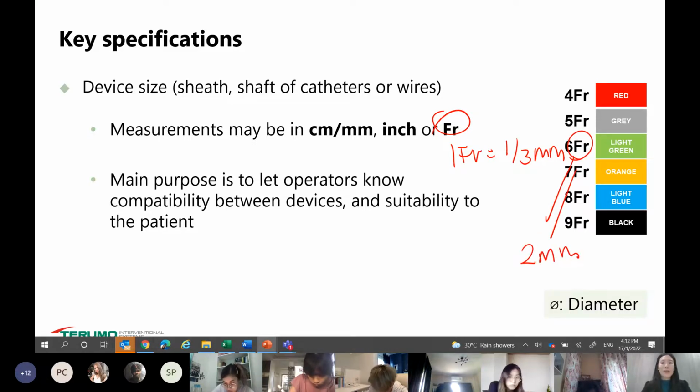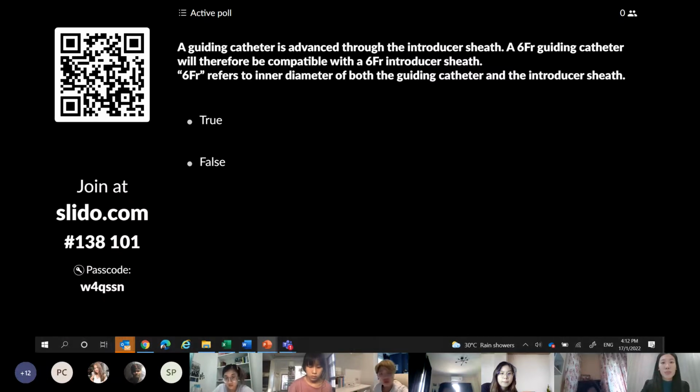So typically what we hear is that this French guiding catheter is compatible with this French insertion sheath. It's important to know such measurements to allow operators to know about compatibility of devices and whether it suits the patients.